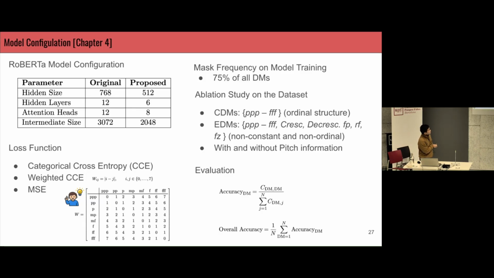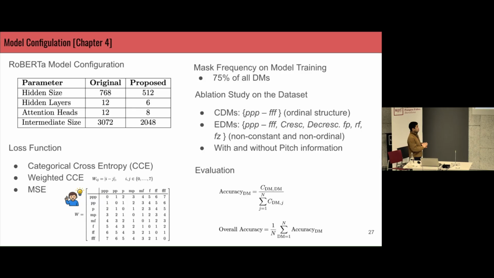And I conducted an ablation study as well. As I mentioned, two DM groups, and with and without pitch information. There is duplicate performance on the same excerpt, so the model might learn pitch transition, not dynamic transition in velocity.